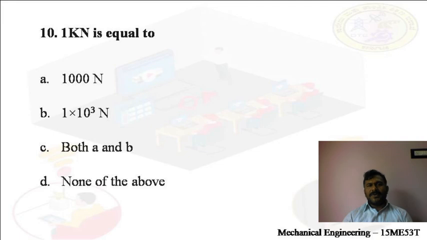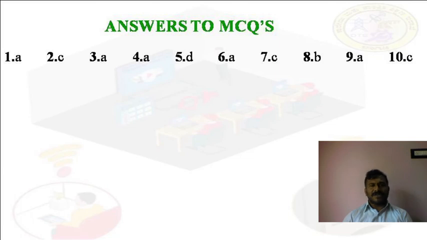Now I am going to give the answers for these multiple choice questions. For the first question, the answer is A. So please refer to the multiple choice questions and cross check it with your answers.